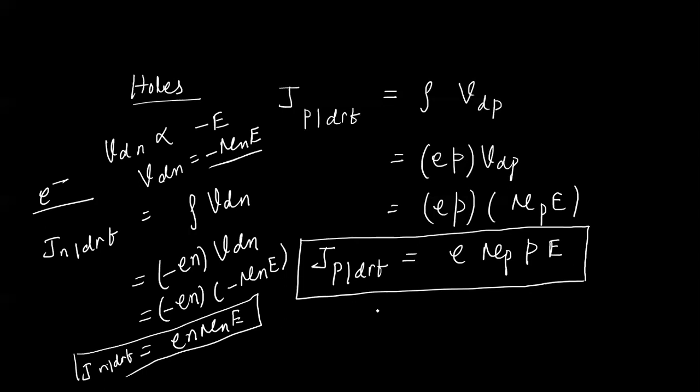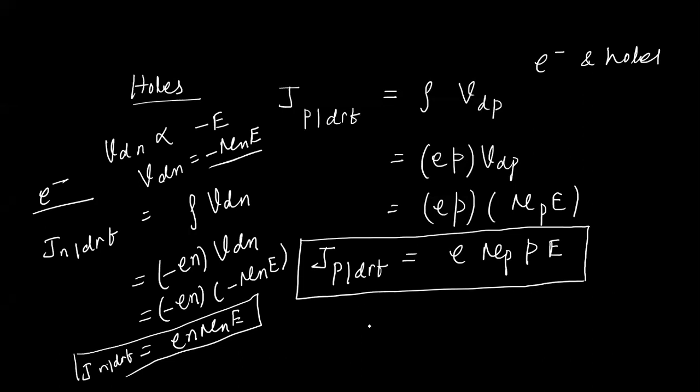Now you can see that the current densities due to the electrons and due to the holes are actually in the same direction. So both the electrons and holes contribute to the drift current.